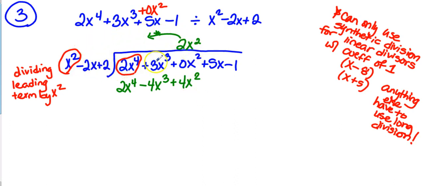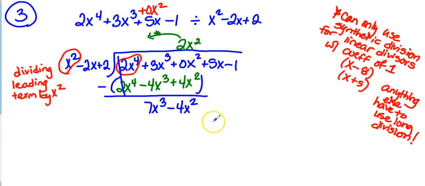Nothing else to multiply, so I will put my parentheses, subtract, line all the way across, and let's do it. This cancels to 0. 3x cubed minus minus turns into a plus. So 3x cubed plus 4x cubed is 7x cubed. 0x squared minus 4x squared is a negative 4x squared. No other subtraction to take place, so let's drop.